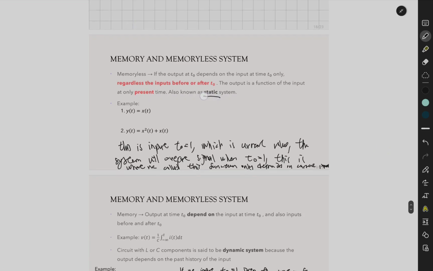It means the system does not store any memory, because the input at t0 and the output are both at t0.